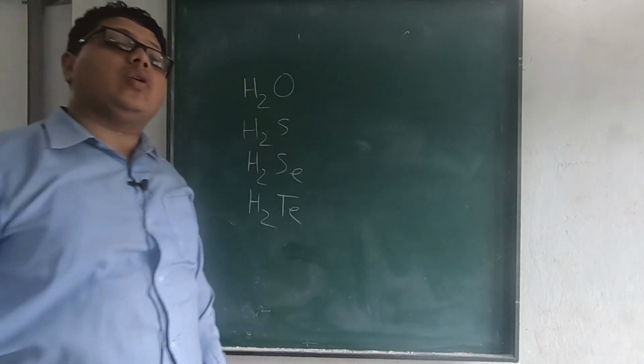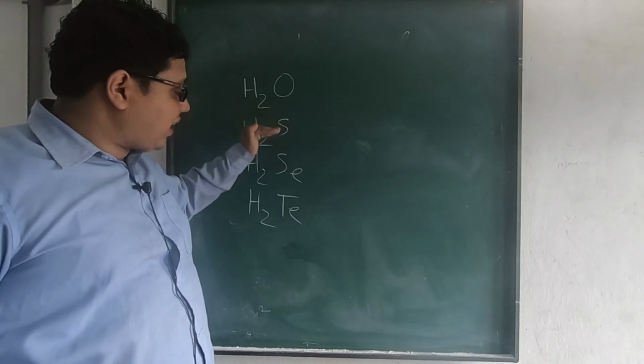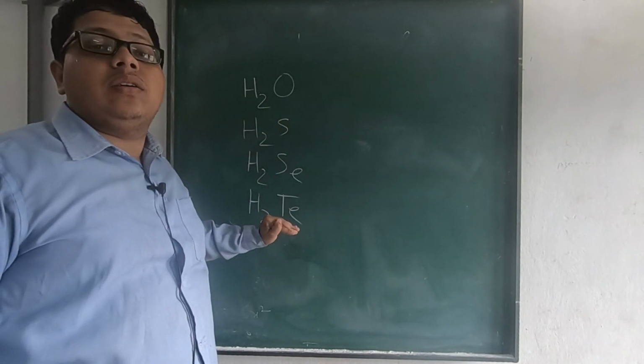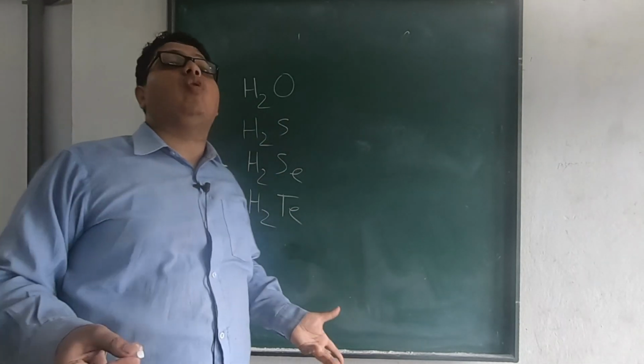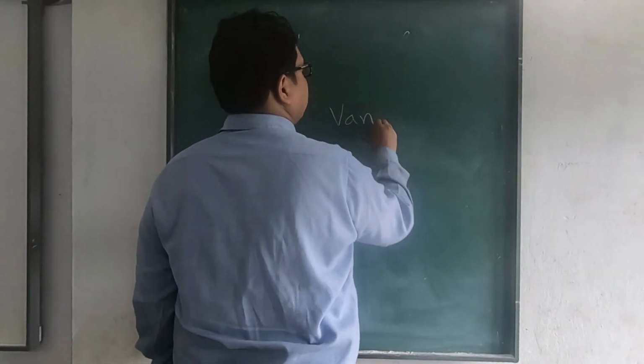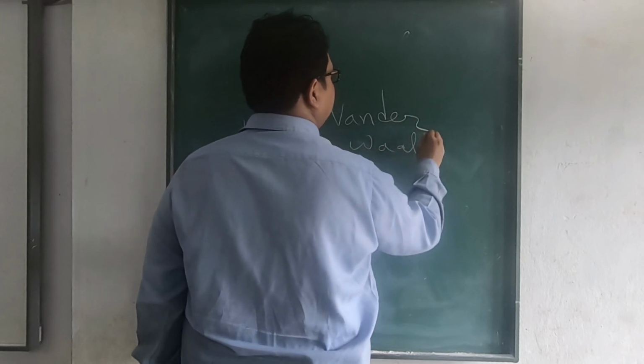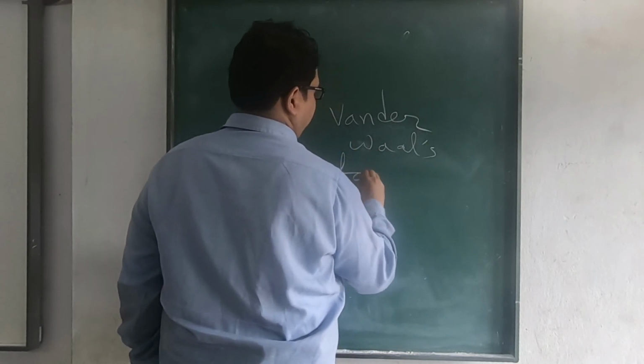Now going down in the group, obviously the size will increase. As the size is increasing, the van der Waals force will also increase. Remember, van der Waals force is always a force of attraction. It is always increasing with the size of the molecule.